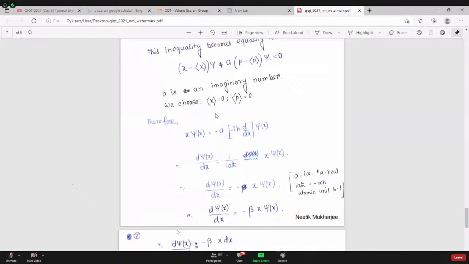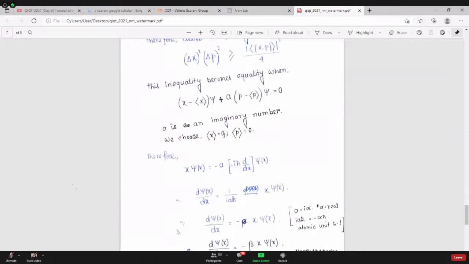And I am insisting to all of you, just try to derive the wave function for the minimum uncertainty state with three conditions. One is average x equal to 0, another is average p equal to 0, and the third is average x and p both not equal to 0.